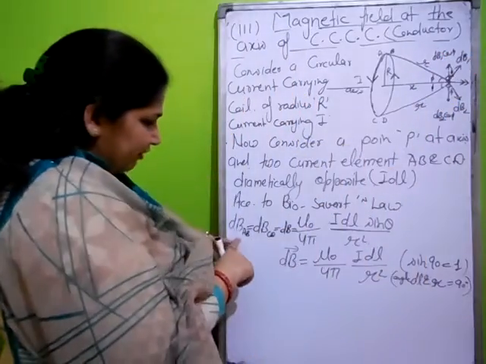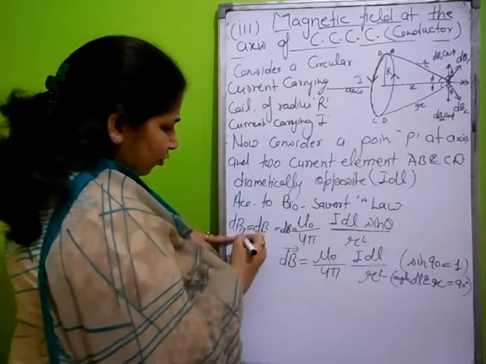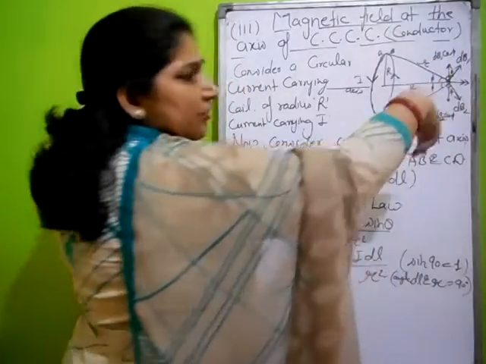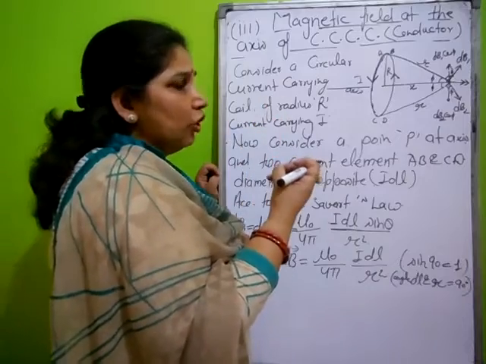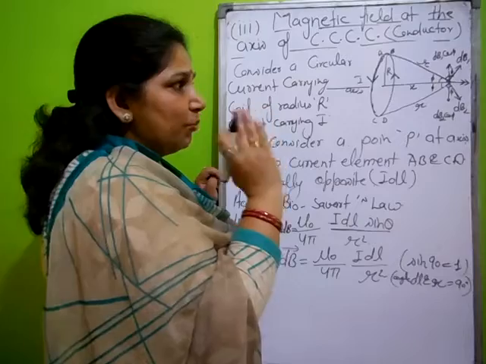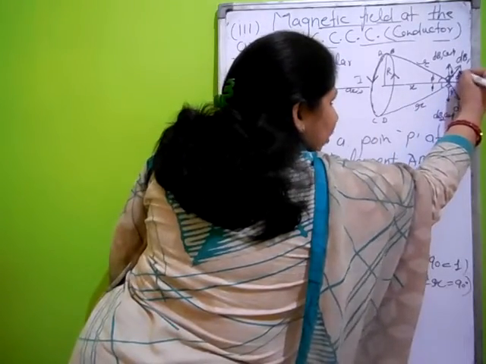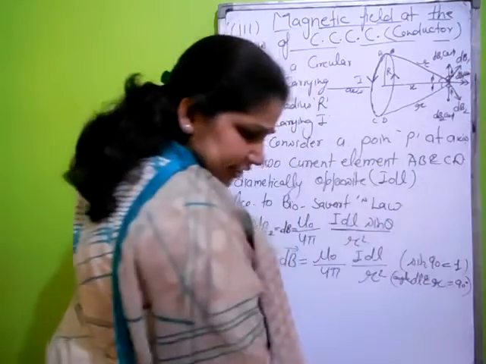Already we have explained that dB1 is equal to dB2, so both are equal and opposite, and they cancel out as they follow the vector property. So dB1 cos phi is cancelled by dB2 cos phi. We have the other component, dB1 sin phi, in this direction.